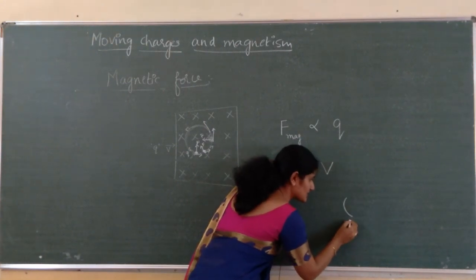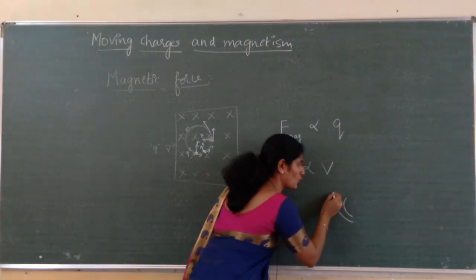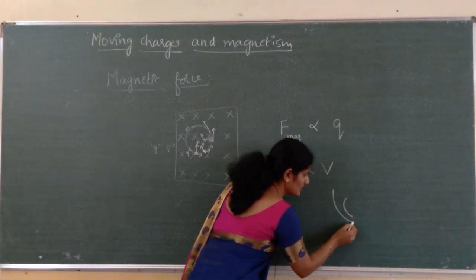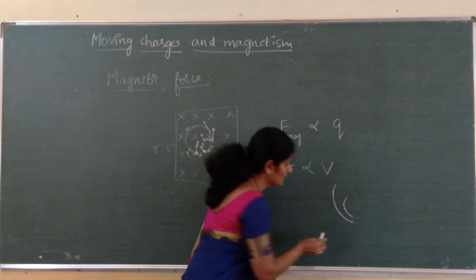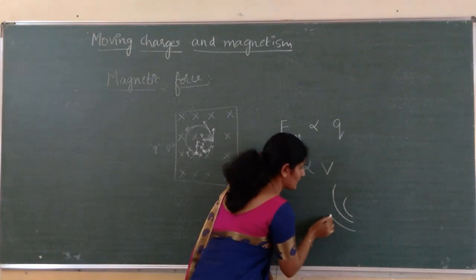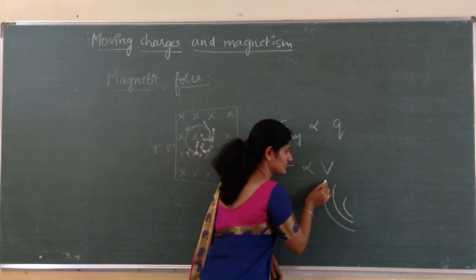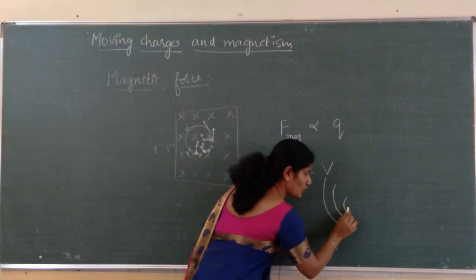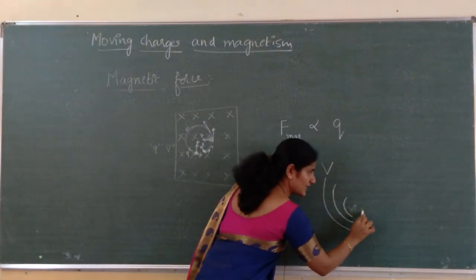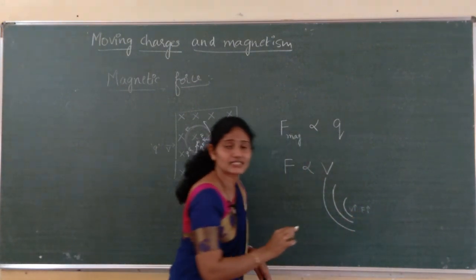If velocity is less, if the particle is moving slowly, then this is the path taken by the particle. If the velocity is very, very less, then this is the path taken by the particle. That means if velocity is more, the force acting on the particle is also more.